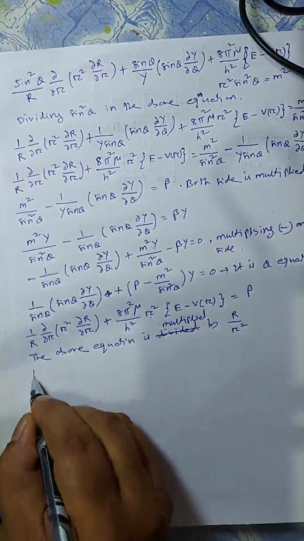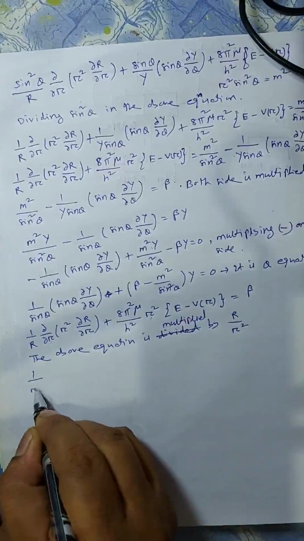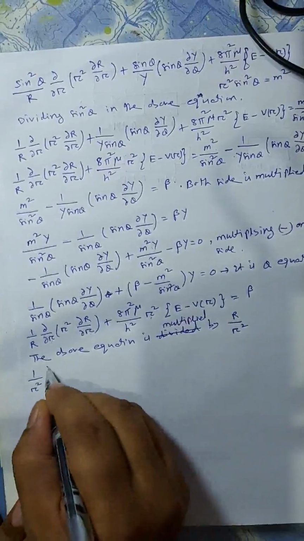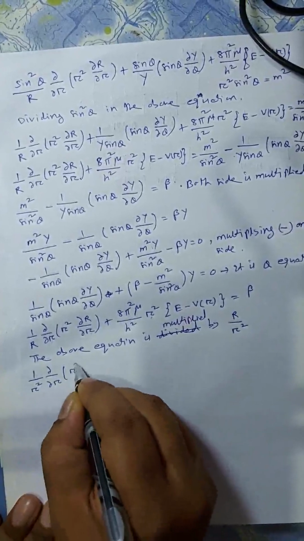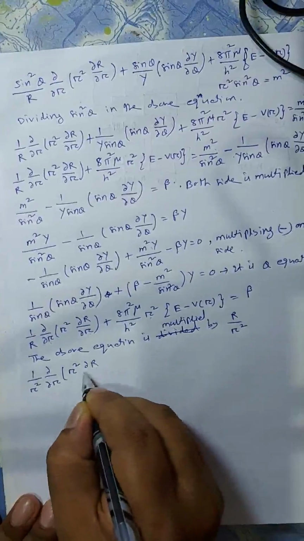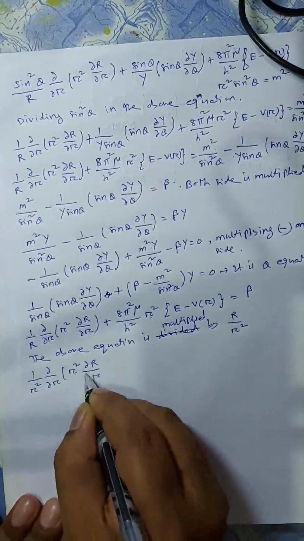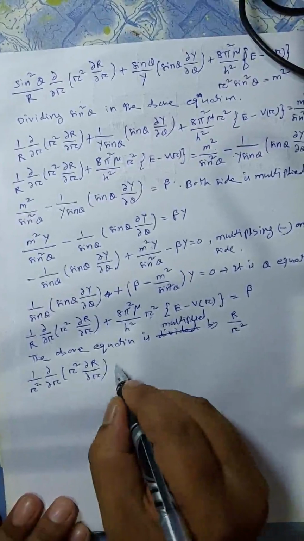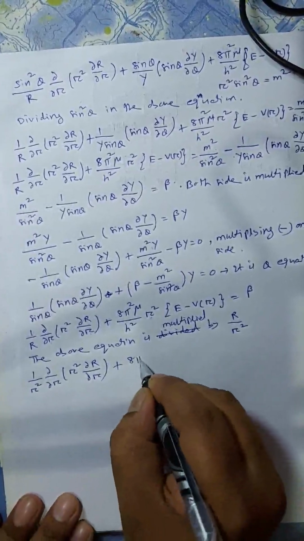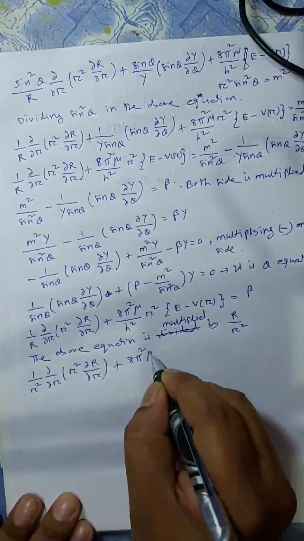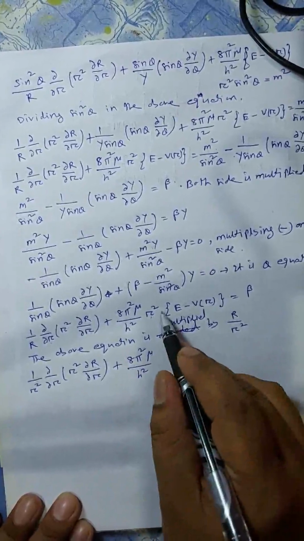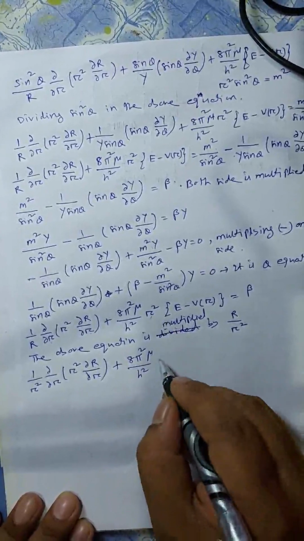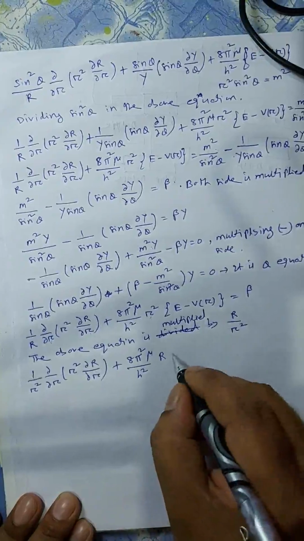Then what is remaining? Now 1 by r square dou by dou r of r square dou R by dou r, plus 8 pi square mu by h square, R by r square. The r square cancels. What is remaining? Capital R.